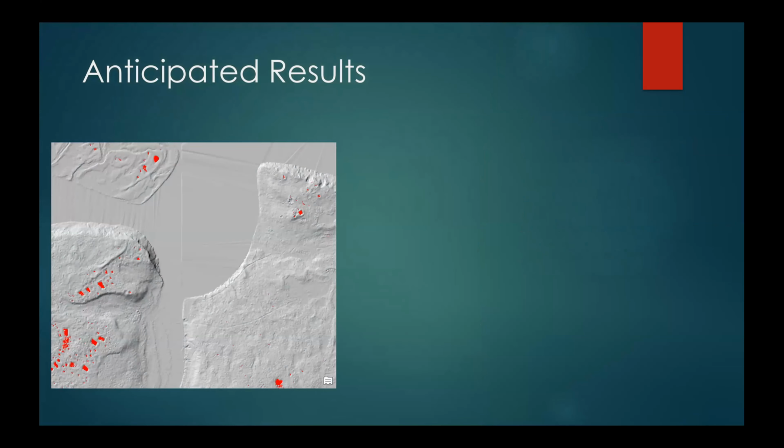So this is what a final image looks like on one of the LiDAR tiles. The site that I had shown earlier is in the top right of the screen, and you can see two additional sites in the bottom left. There are one or two features in the bottom right that are more inland, that are probably natural, and a couple of the polygon features in the top left of that image are probably natural, because that's a low-lying sandbar that was recently formed, and I don't believe would have cultural features.